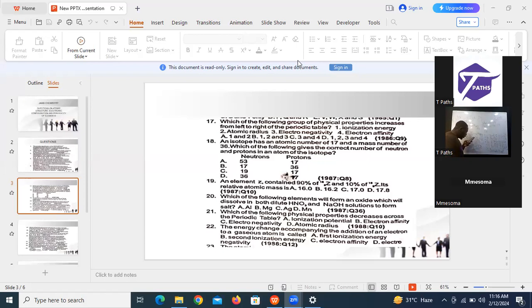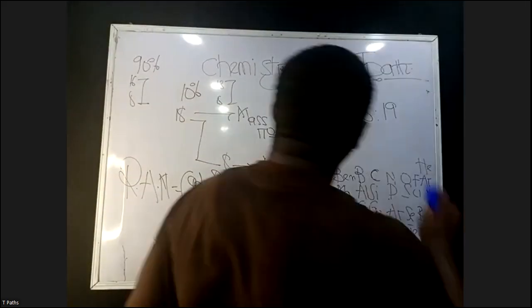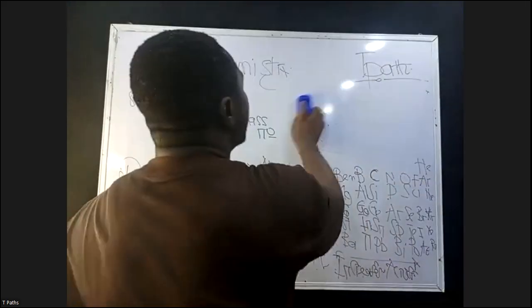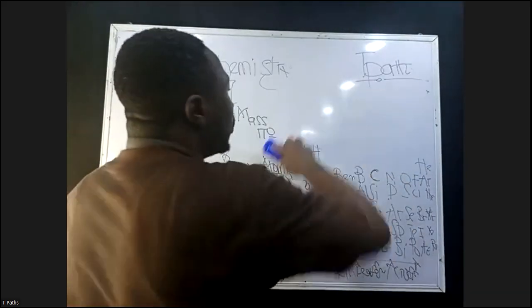Which of the following elements will form an oxide which will dissolve in both HNO3 and NaOH solutions to form salt? Beautiful. Ladies and gentlemen, look at this periodic table you have here. I want each and every one of us to note this down.